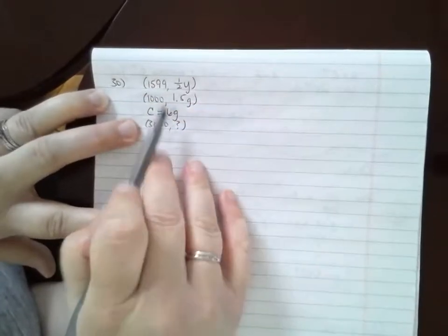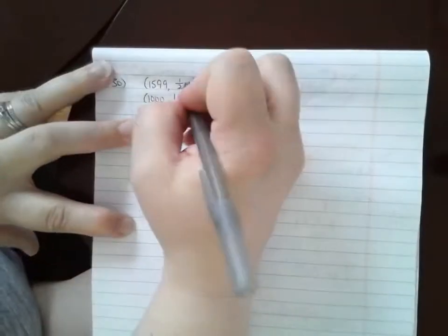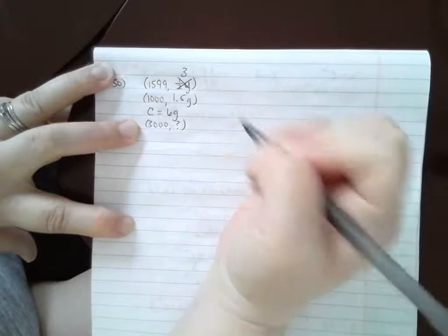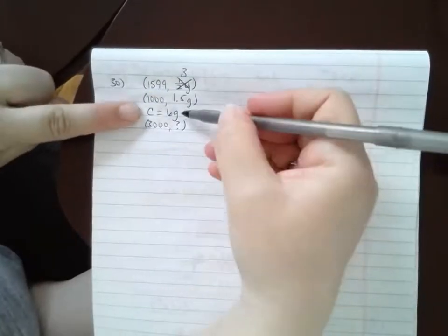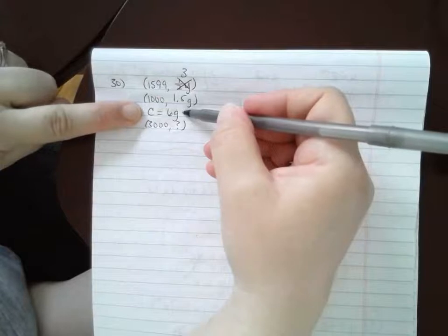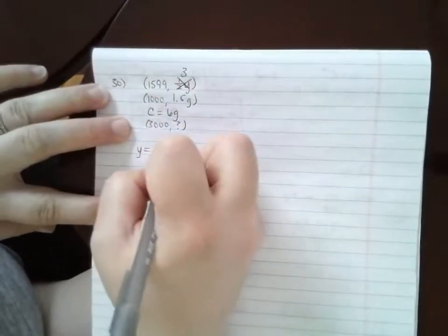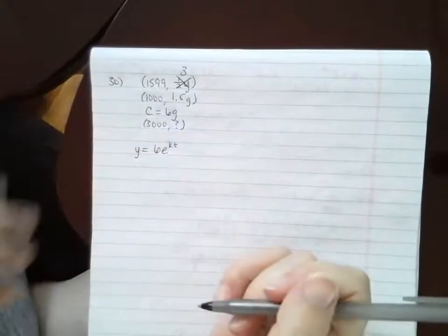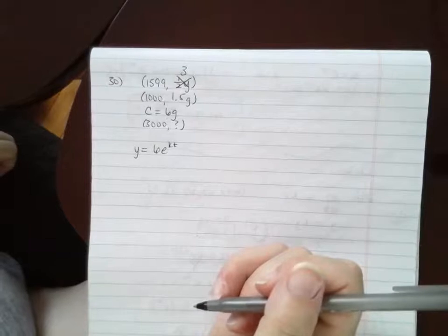Half of that exists after 1599, so I can change 1/2 y to the number 3. And I'm going to go through this process again, but there's no need to go through the initial portion because I'm already given that. So here's what I know for sure. I'm behaving under the equation y equals 6e to the kt. All right.